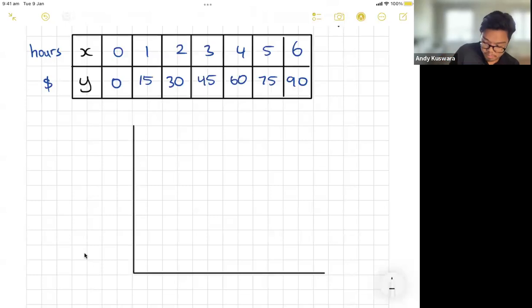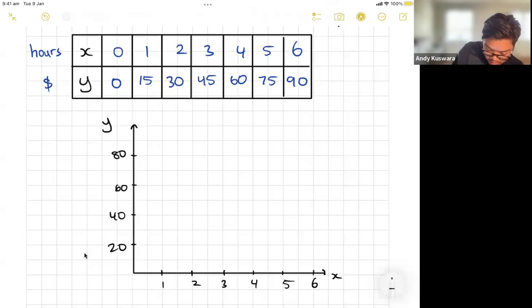I can see here that my X is always my horizontal, Y is always my vertical. And so I've got 1, 2, 3, 4, 5, 6. Perfect. Gonna label it. Let's see what scale I need to use here. It goes up to $100. So let's go 20, 40, 60, 80, and I've got $100 up here.